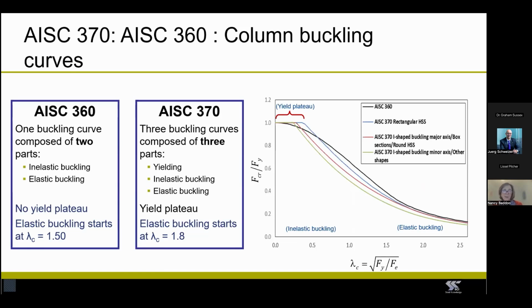For stainless steel, we actually have introduced 3 buckling curves. The material, you want to use it economically, so let's get some good buckling curves there, and you'll see that we have a yield plateau at the start of the buckling curves for stainless steel when no reduction is necessary.